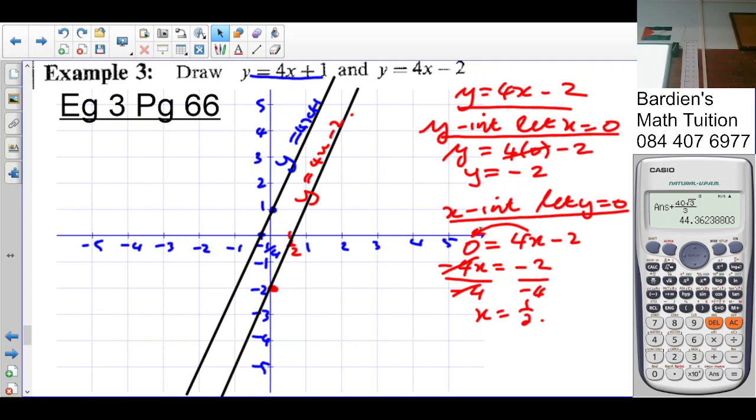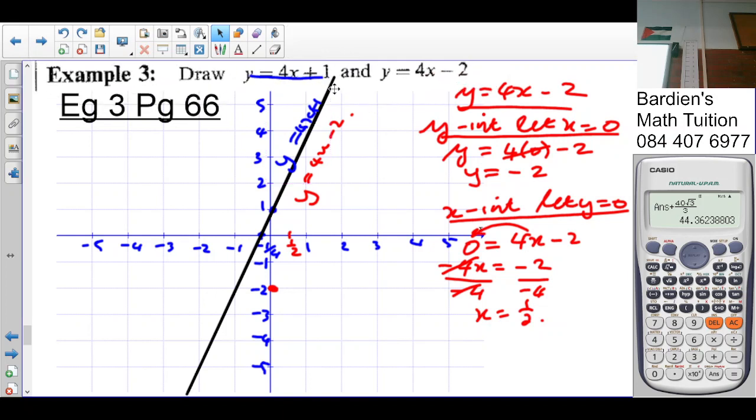My graph is not nicely drawn to scale, but if I draw this graph a bit more, you'll see the lines are absolutely parallel.